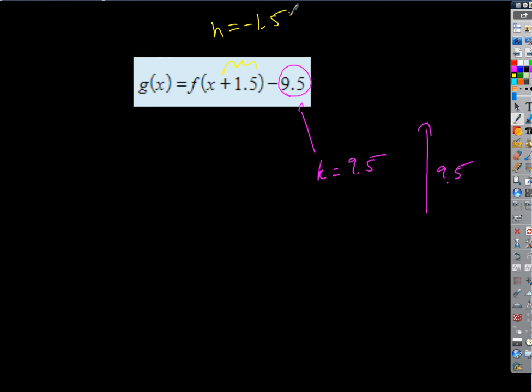I subtracted a negative to get a positive. So that's telling me it's being shifted left by 1.5. Everybody see that? I know that's not difficult, but I guarantee some people are going to miss it. Oh, whoops, sorry. It is. You're right.